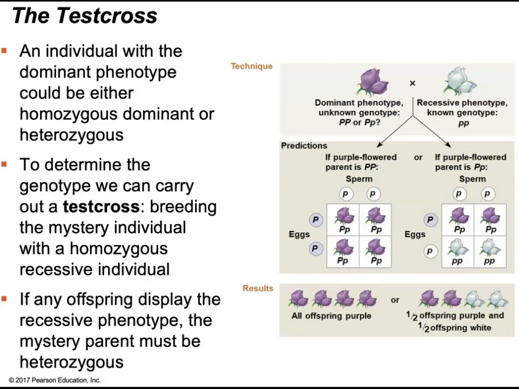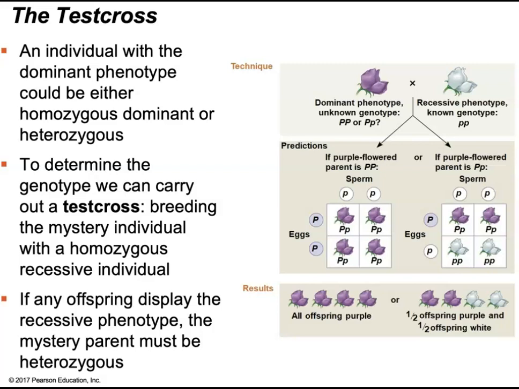In this example, we have a purple flower with an unknown genotype, and we are test crossing it with a white homozygous recessive flower. Then all you have to do is look at the color of the offspring. If any offspring display the recessive phenotype of white flowers, the mystery purple flower parent must be heterozygous.